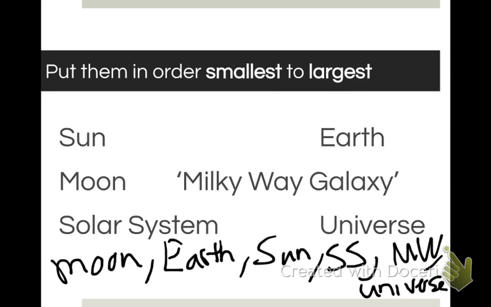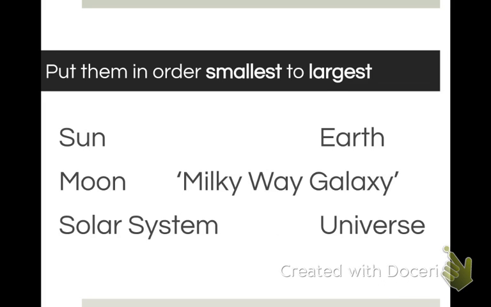So hopefully you got those all right. I always like to go over this just to make sure we're all in agreement of what's smallest, what's largest. Sometimes that's something that is assumed that you remember from middle school or elementary school, but you may not because it's been so long since you've looked at it. So smallest was the moon, then the earth, then the sun, solar system, Milky Way galaxy, and the very last thing or largest thing is the universe.